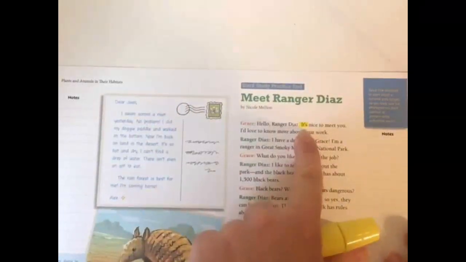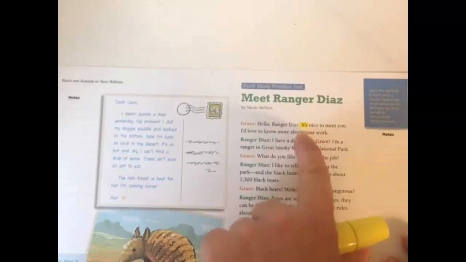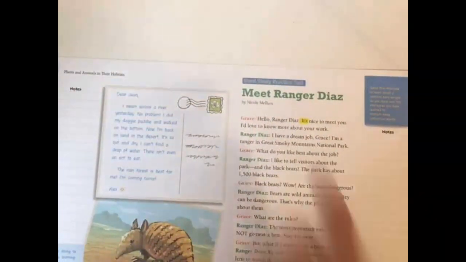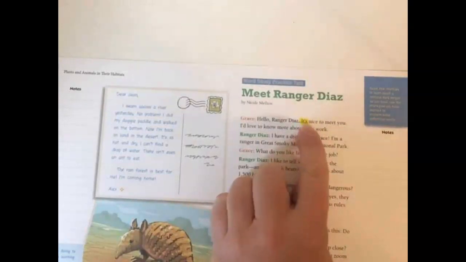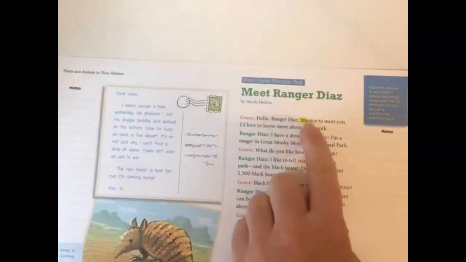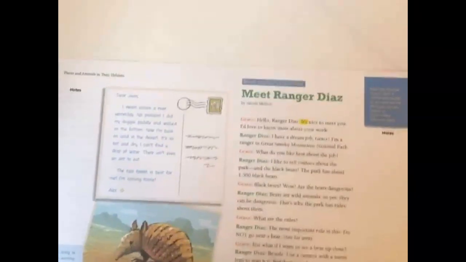Okay, so it's has the short I sound in it. Do you hear it? It's has the short I sound. And it's also a contraction because it is pushed together, and then the I pops out and leaves a scar, which is the apostrophe there.